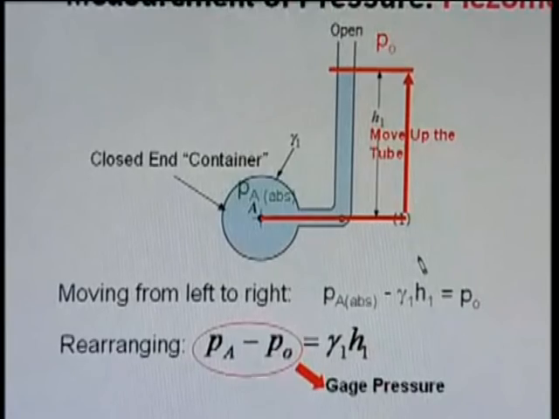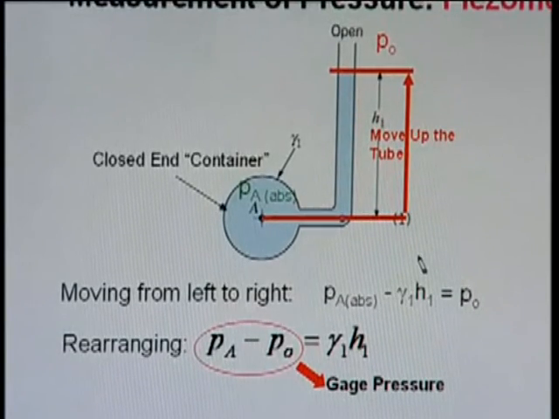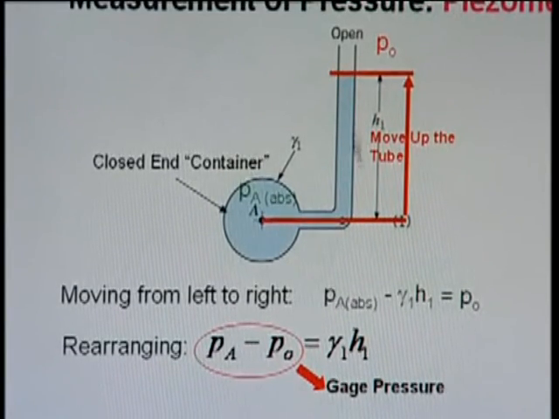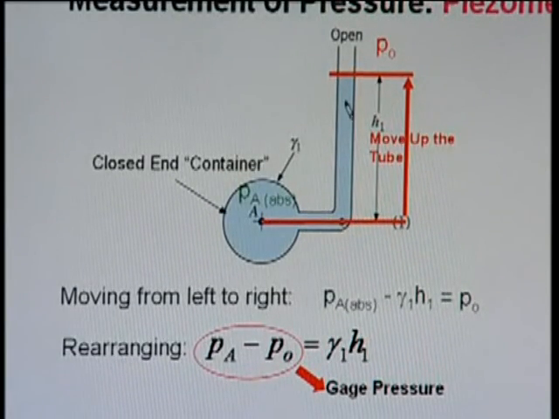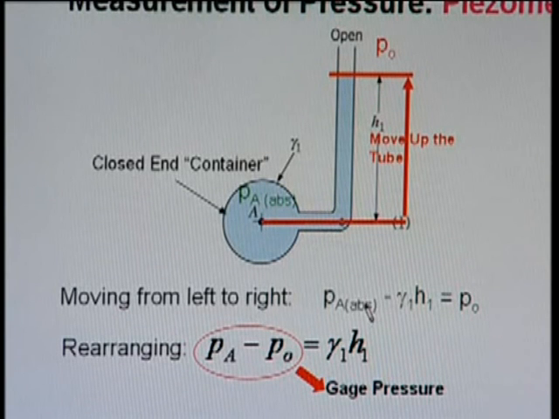So pressure can be measured in terms of the height of the fluid, which we get by connecting a tube to the container, right. We have to keep in mind that this height is measured in the perpendicular direction. If γ is known to us and H₁ can be measured, we can find out the pressure.